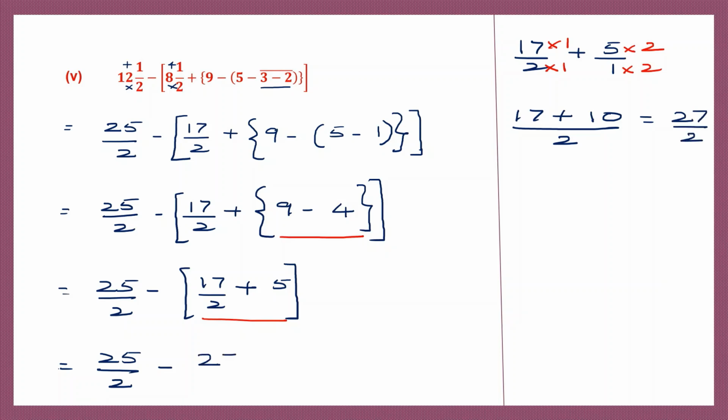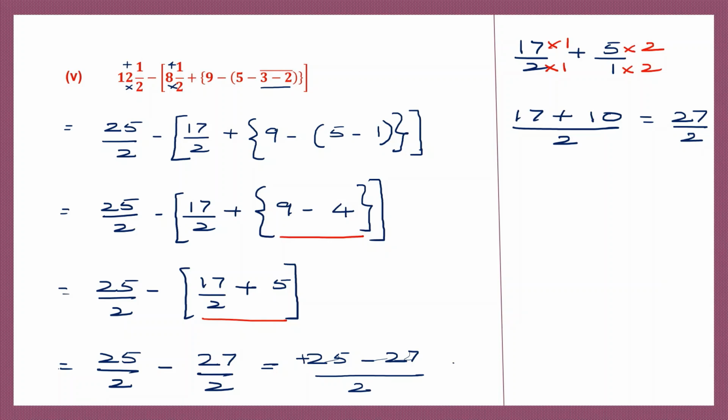So 27 by 2. So now as you can see, they are like fractions. So we just have to minus the numerators. So this will be 25 minus 27 by 2. So this is a plus sign and this is a minus sign.